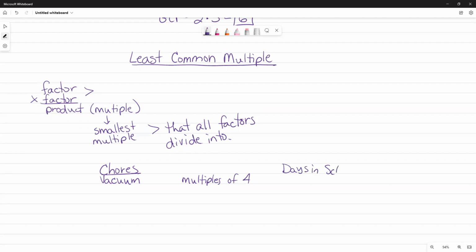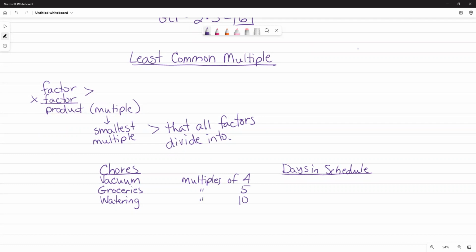You don't necessarily have to write this down. All right, so multiples of 4. Groceries, she goes shopping every 5 days. So these are multiples of 5. And the watering she does every 10 days.